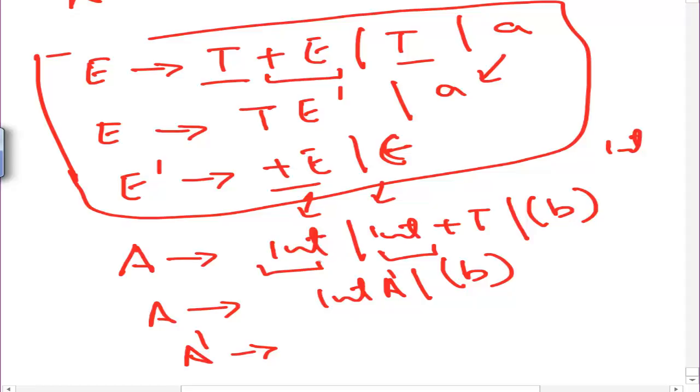In this case it is nothing, and in this case it is plus T. So I will use plus T or epsilon, because when we read the int, we know we are on an int. After that we'll see whether there is a plus or nothing. So we will exactly be in a position to say which production to use. Does it make sense?